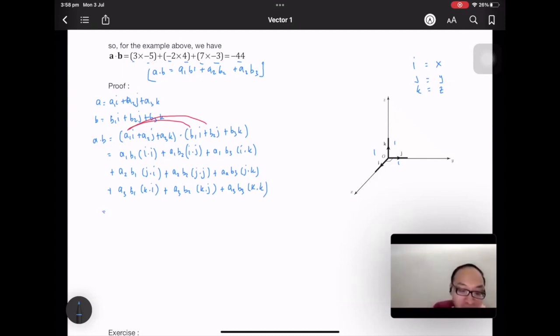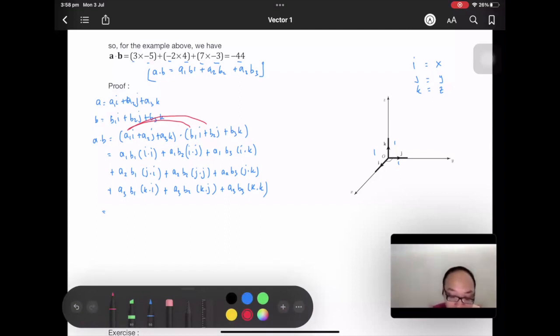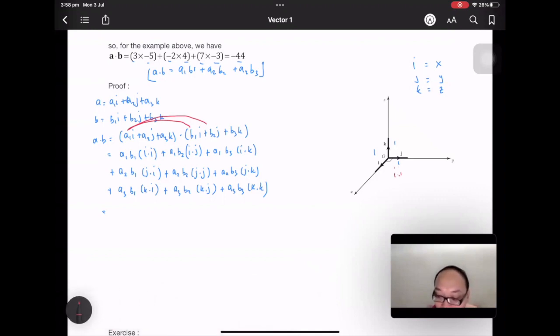Okay. Now we have i dot i, i dot j, i dot k. What is i dot i? According to the definition of the scalar product, i dot i is the magnitude of i times the magnitude of i times cos theta.